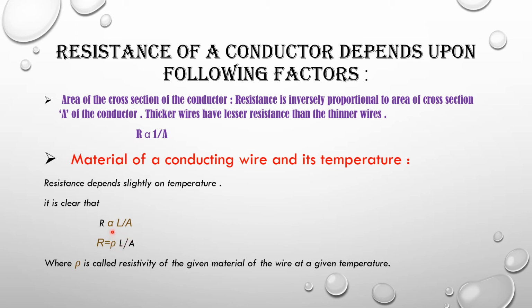To remove the sign of proportionality, we have taken rho. Rho is called resistivity. Rho is taken as the constant of proportionality, where rho is the resistivity of the given material of the given wire at a given temperature.